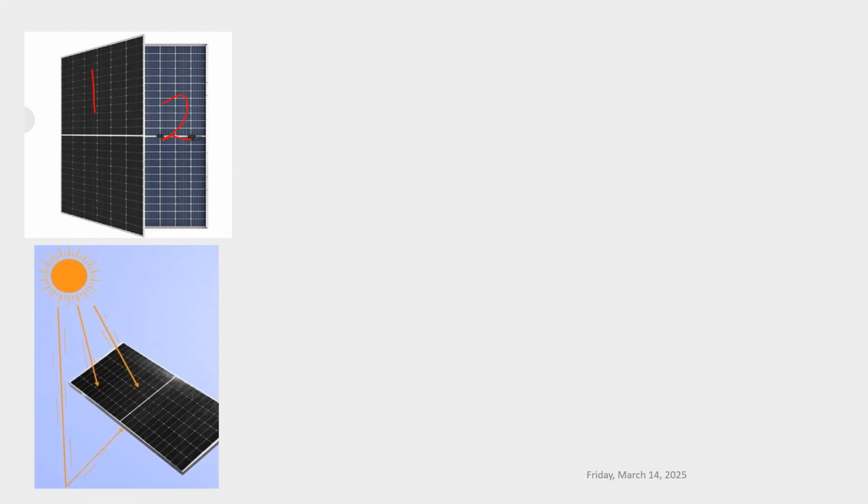So as you can see, this is the sun, this is the direct sunlight. Do you understand? And this one is the ground being reflected, and then the back side, which is full of solar cells, converts the reflected energy.